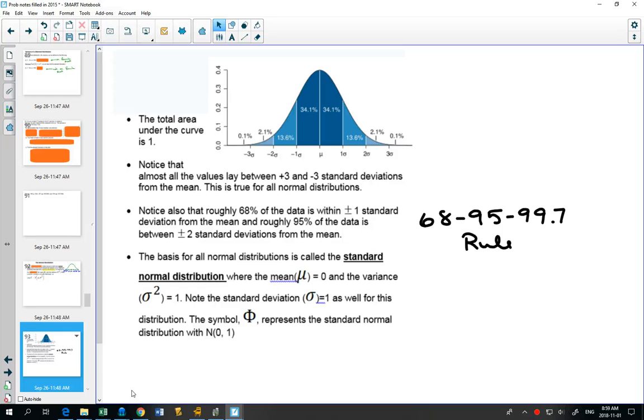You can see it's 68.2, but they called it the 68 because that's close enough. If you add up 13.6, 34, 34, and 13.6, that's really close to 95. So you know that 95% of your data lies within 2 standard deviations of the mean.